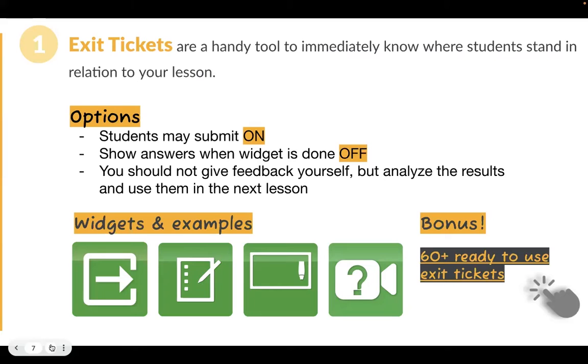But you also want to make sure that you're analyzing the results so that you can use them in the next lesson. And then once you've analyzed the results, you can always release those results to your students so that they can see where they are in the learning cycle. So let's take a look at a few examples.